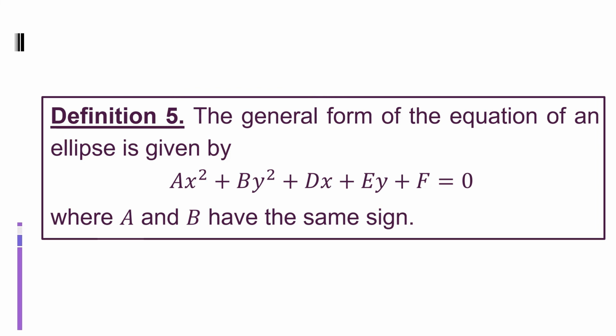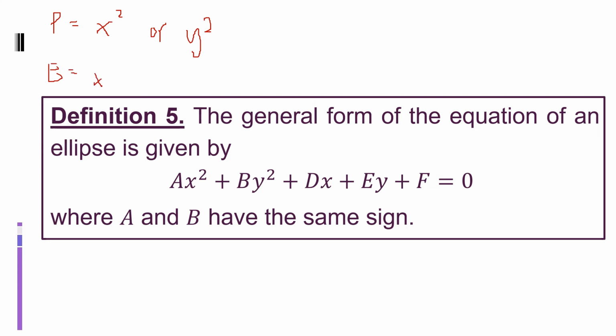So let's review lang, paano natin malalaman kung yung general form ng isang equation ay parabola. So kapag parabola siya, isa lang yung squared term. So either meron tayong x squared or meron tayong y squared. But for ellipse, palaging dalawa.